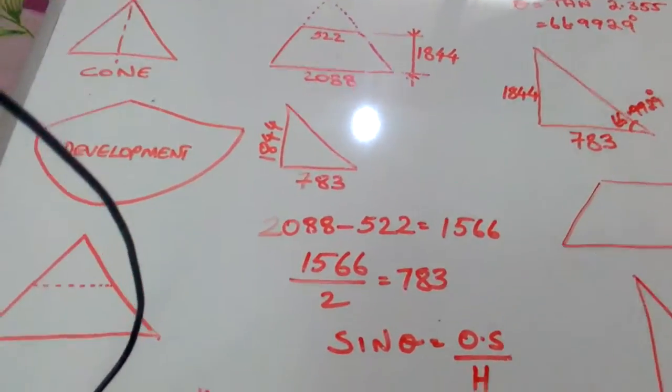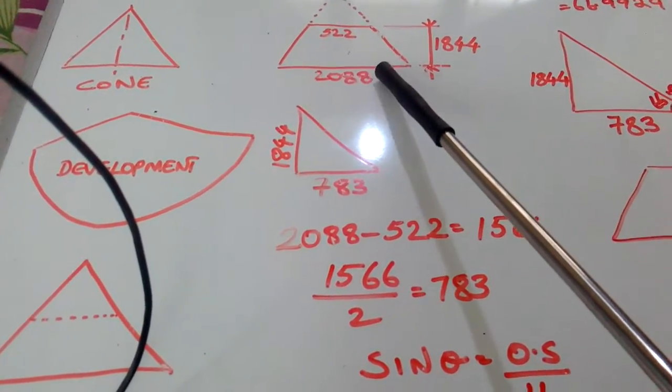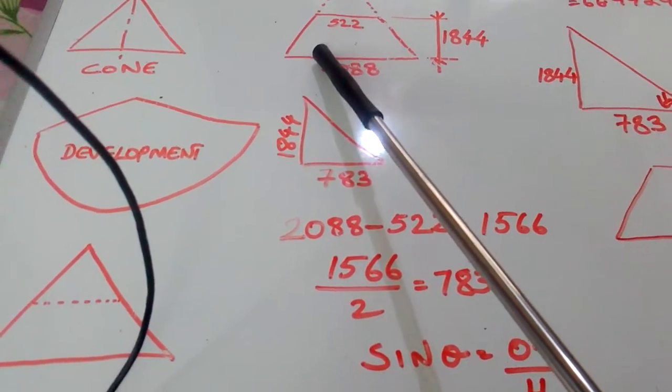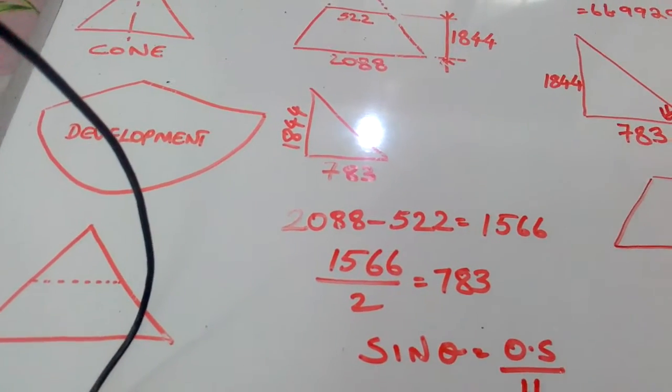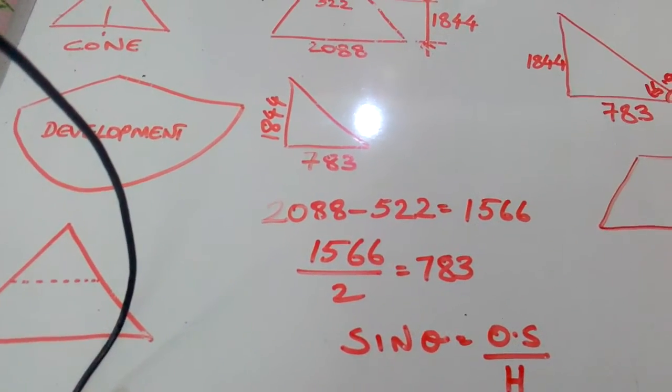1566 is the measurement from here to here and also here to here. So we don't want two measurements, so we have to divide 1566 by 2.